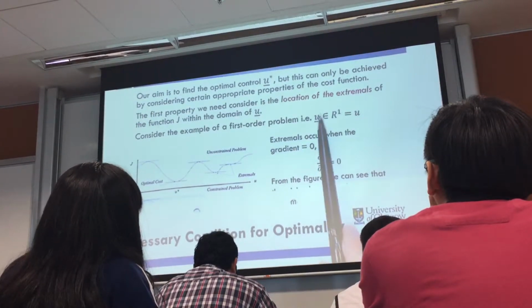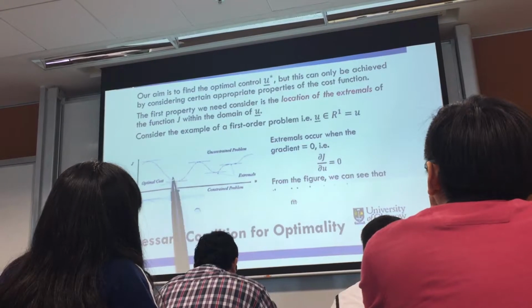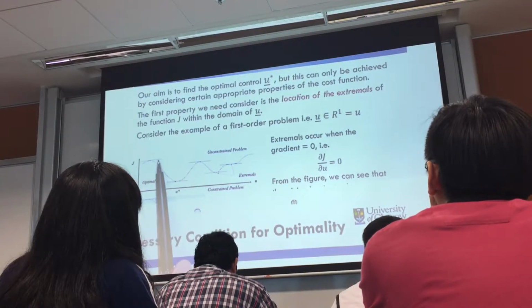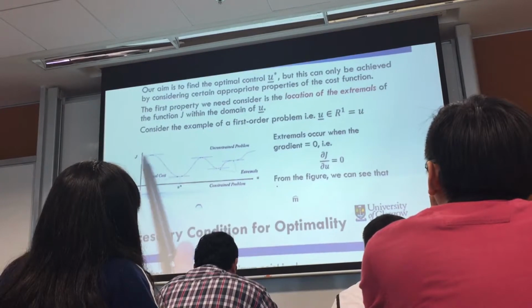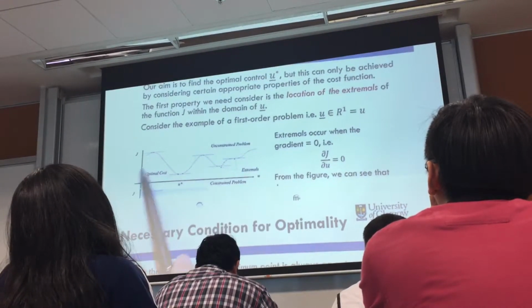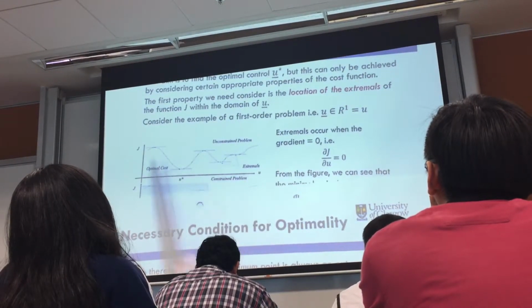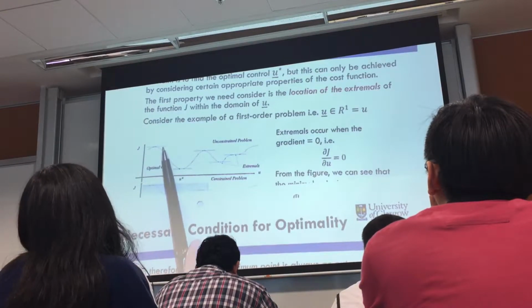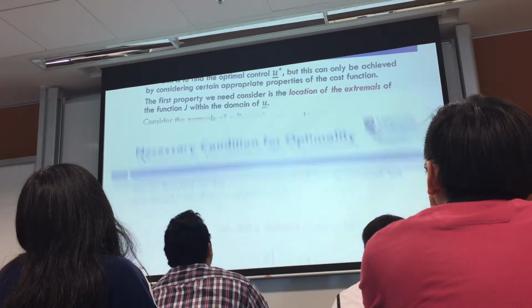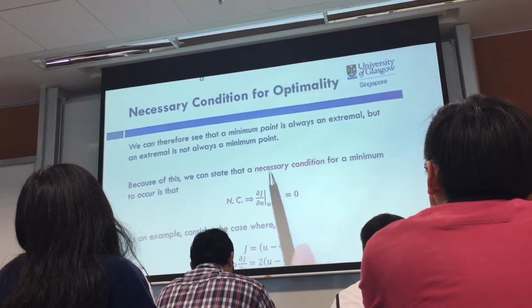However, not all the extrema are the minimizing point, because for example in this case, it's a maximizing point. But at this point, the derivative is also equal to 0. So we have this necessary condition.